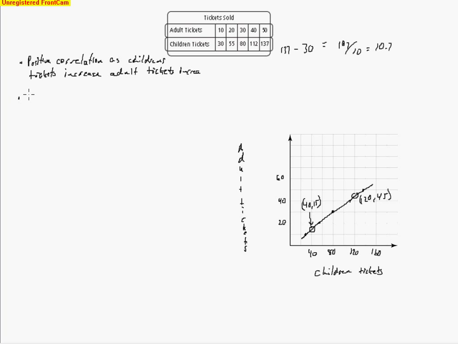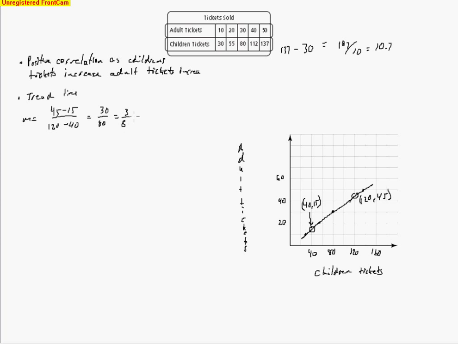And so for my trend line, I'm going to find the slope using the 2 points I just found there. And so I go ahead and subtract. I've got 45 minus 15, and then down below that I got 120 minus 40. And so when I go ahead and subtract, I end up with 30 over 80, and that leaves me with 3/8.